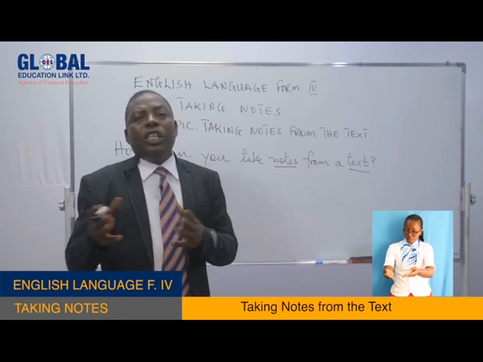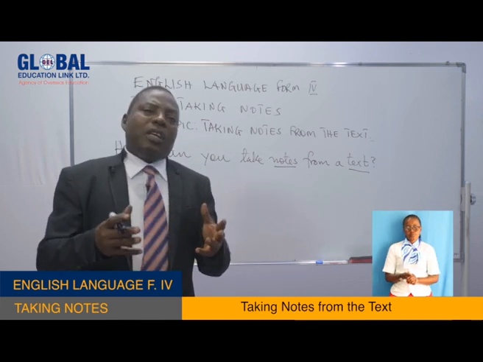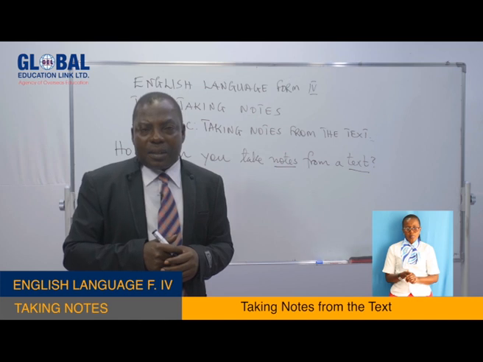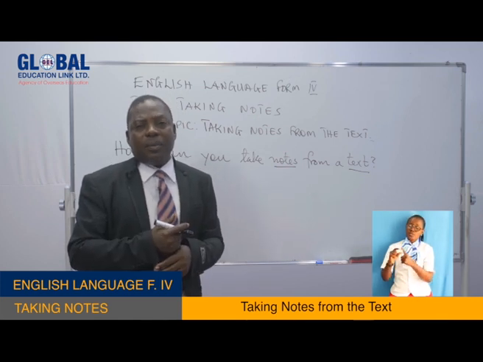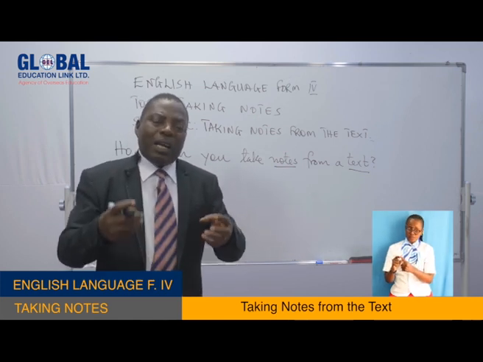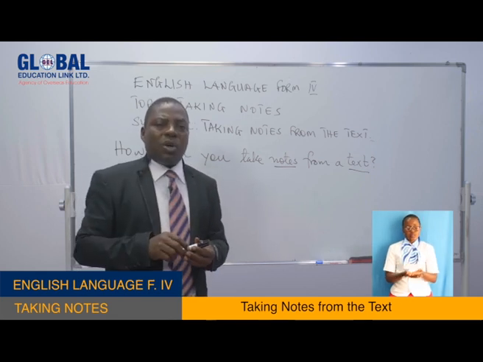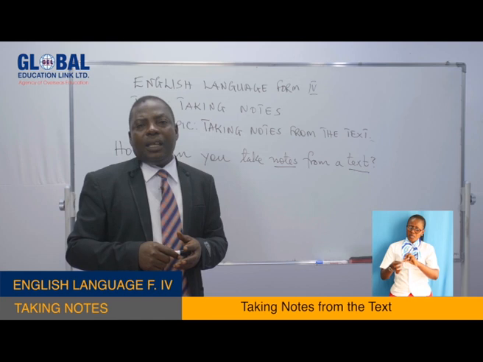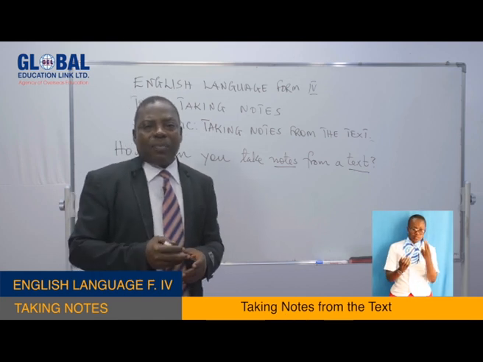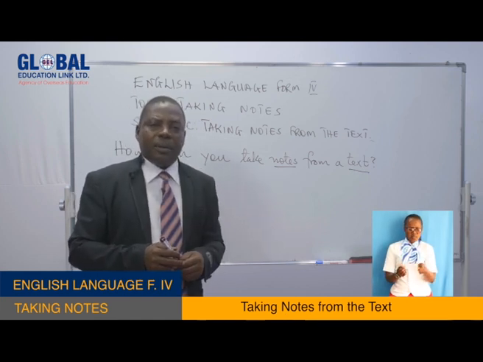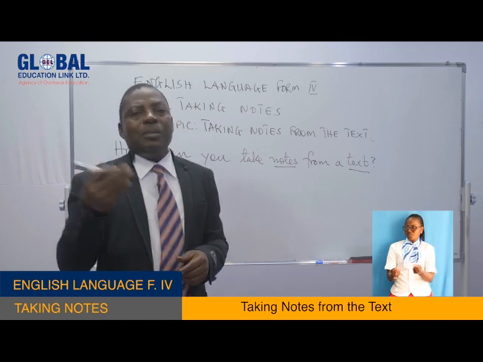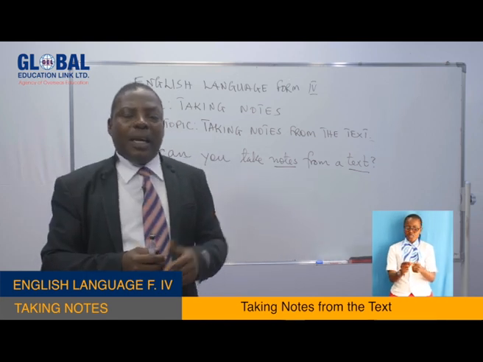Sometimes we can call them special phrases or special words that we write. And whenever we come across them, they suggest to us what kind of information I'm reading here. Is it a new point? Or is it the same point that has been said in other words? And so on and so forth.